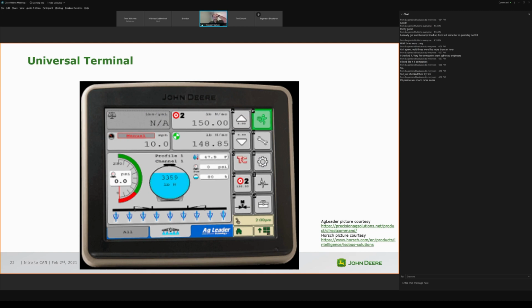Here is another example of a John Deere display with an Ag Leader application. They have their own fonts, they control their own everything. That's the working area that you have on the left.